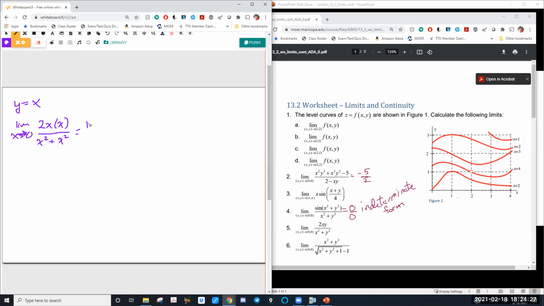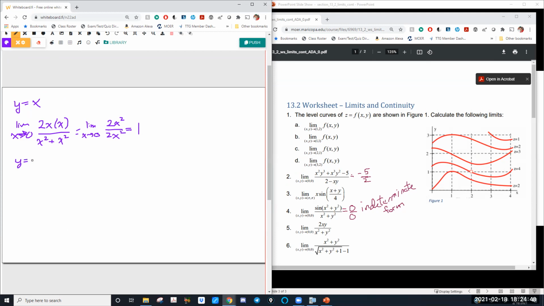Let's simplify: the limit as x approaches 0 of 2x squared over 2x squared. That completely simplifies down to 1. The limit of a constant is a constant.